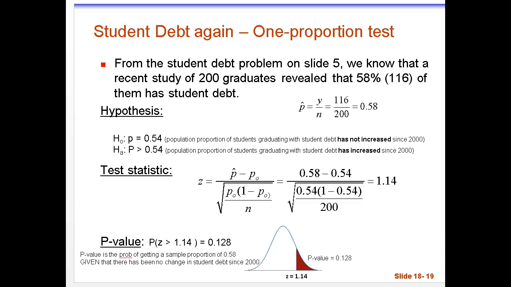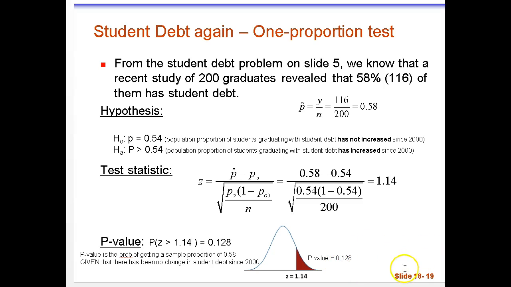So what does this really mean? Well, the p-value is always contingent upon our null hypothesis. So assuming our null hypothesis is true, we don't know that, but assuming that it's true, the probability that I could get 58% of my sampled students graduating with student debt, that probability is 0.128.